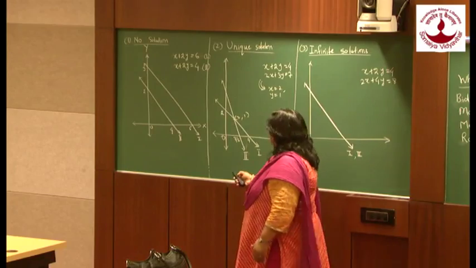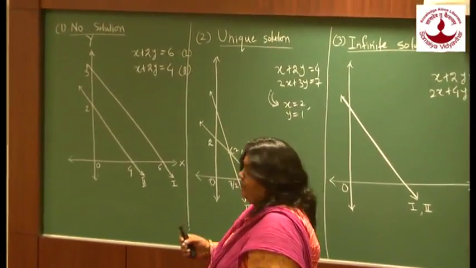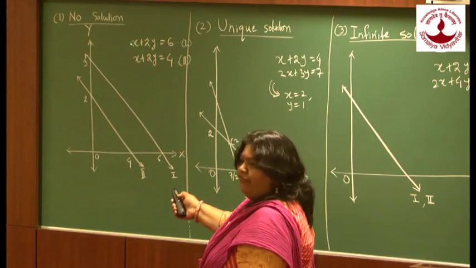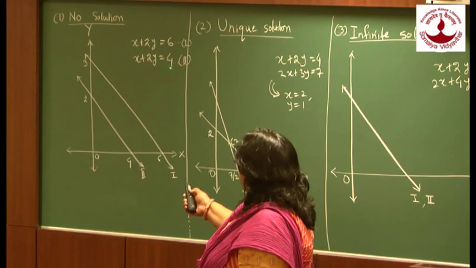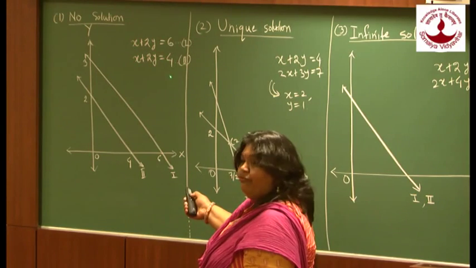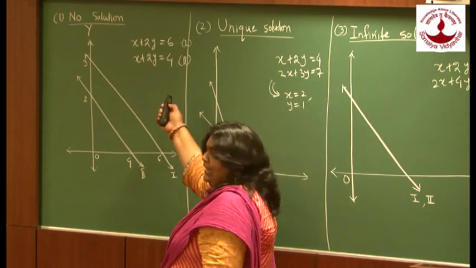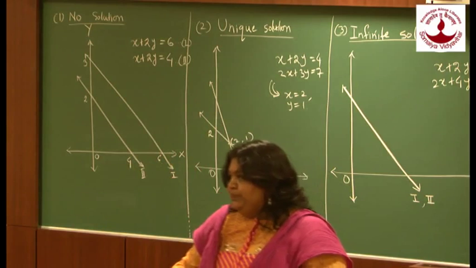Let us look at the first diagram here. This is a case where no solution is there. Now the system under consideration here is of 2 variables, 2 equations. First equation is x plus 2y equal to 6. Second equation is x plus 2y equal to 4. Fine. Now if I graphically try to plot, these are nothing but straight lines in R2.